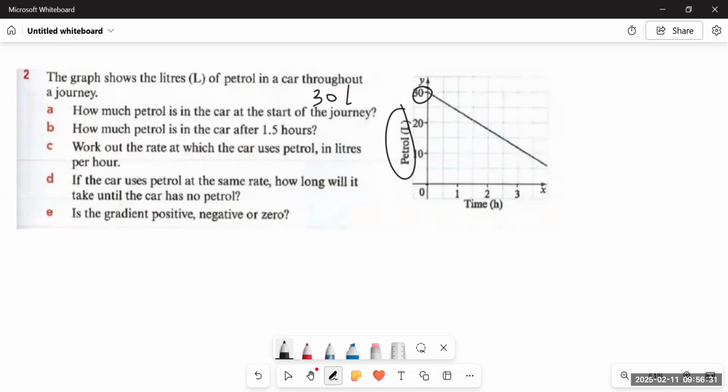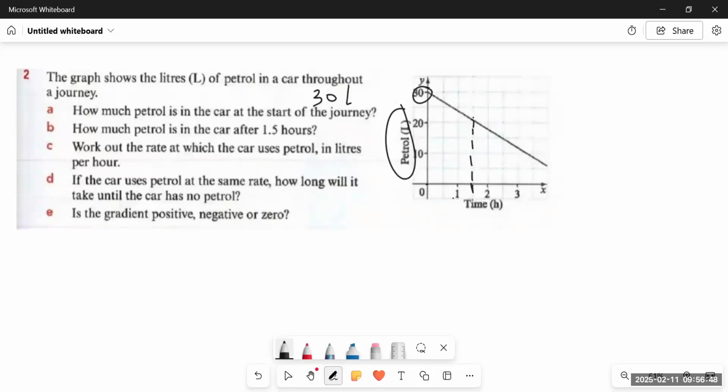How much petrol is in the car after 1.5 hours? So we will look between 1 and 2, right? In between 1 and 2, it is 1.5 hours. And putting a scale, we'll look at how much petrol is in the car after 1.5 hours.